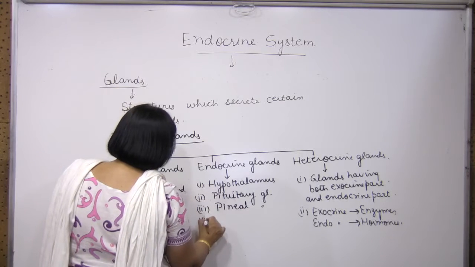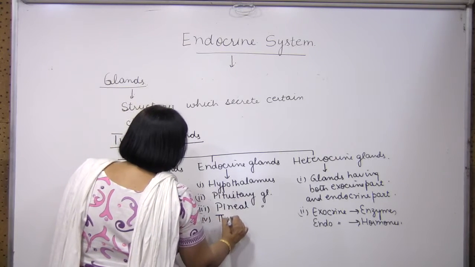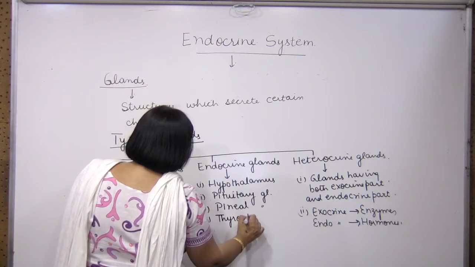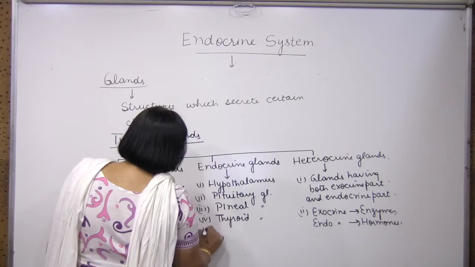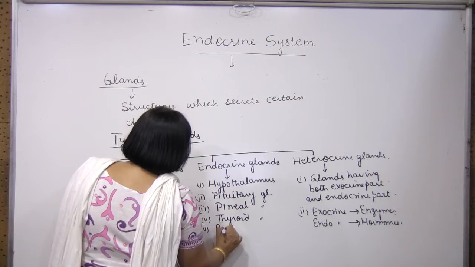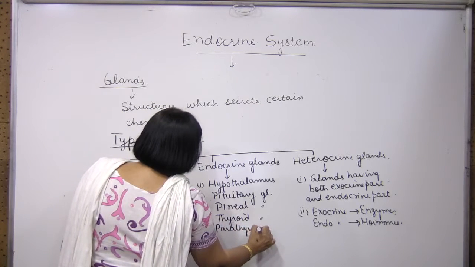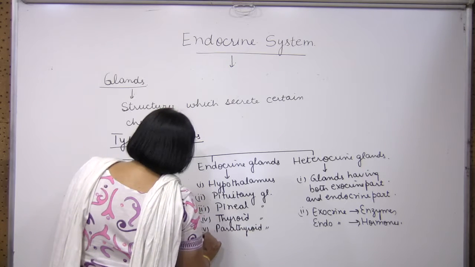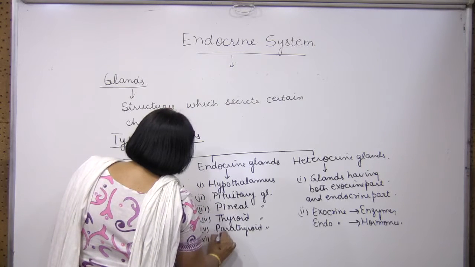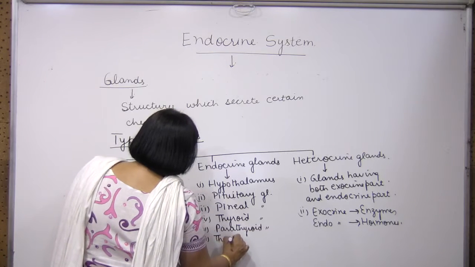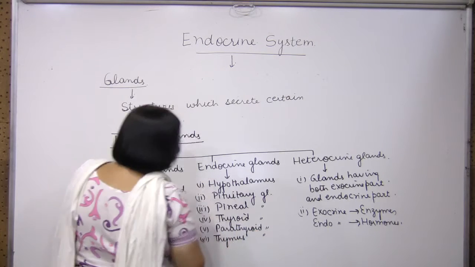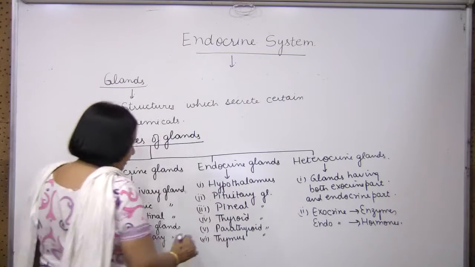Then thyroid gland in our neck. Adjacent to thyroid, there are present parathyroid glands again in the neck. Thymus gland near heart in the chest cavity.